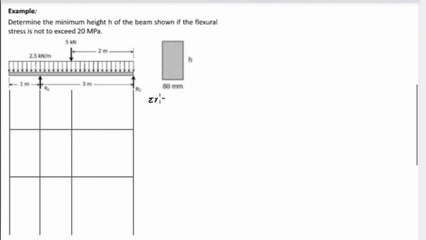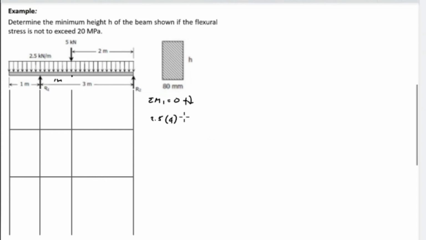Summation of moment at 1 is equal to 0. So we have the uniform load, which is 2.5, and the total length is 1 plus 3 or 4 meters. And then the resultant is at 2 meters halfway, and the distance from this point up to point 1 is equivalent to 1 meter.